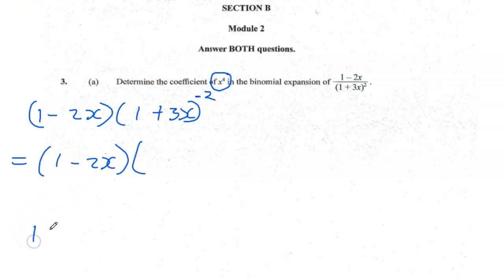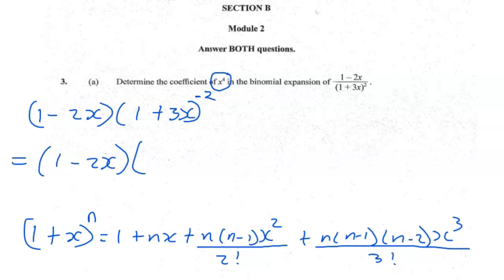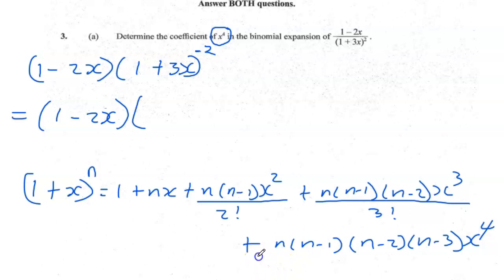Now, we know the formula: 1 plus x to the power n is 1 plus nx plus n times (n minus 1) x squared over 2 factorial plus n times (n minus 1) times (n minus 2) x cubed over 3 factorial plus n times (n minus 1) times (n minus 2) times (n minus 3) x to the fourth power over 4 factorial.